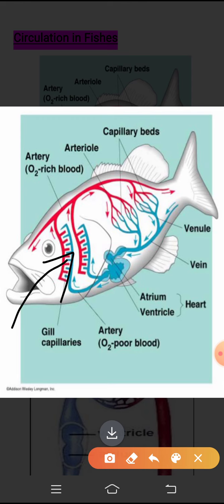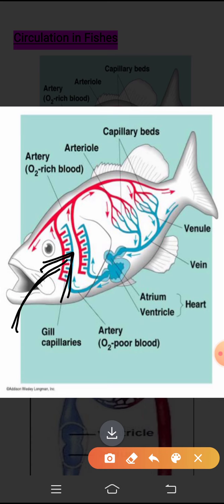Now what happens? The gills receive the oxygen from the water, because oxygen is dissolved in the water. As fishes are aquatic animals, they live inside the water, right? The oxygen received from the water enters the gills. These gills are richly supplied with blood vessels.